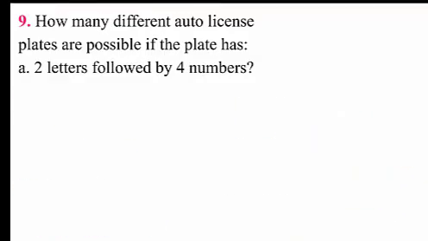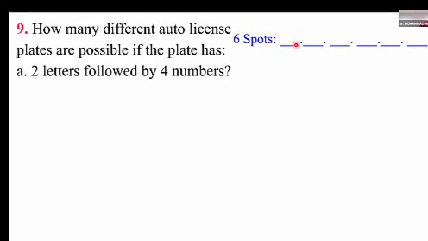How many different auto license plates are possible if the plate has 2 letters followed by 4 numbers? So first we have 1, 2, 3, 4, 5, 6. So if we want 2 letters and 4 numbers, there is no restriction. So you put how many letters? 26 here, same here.